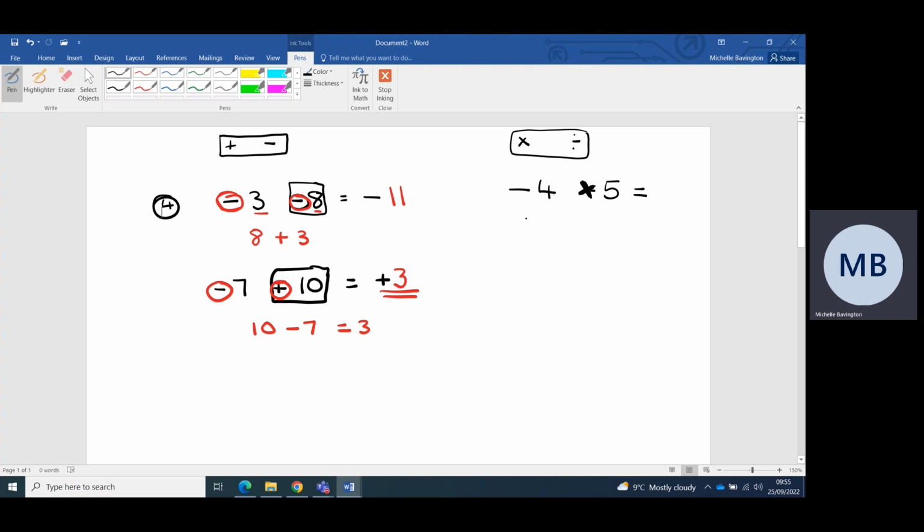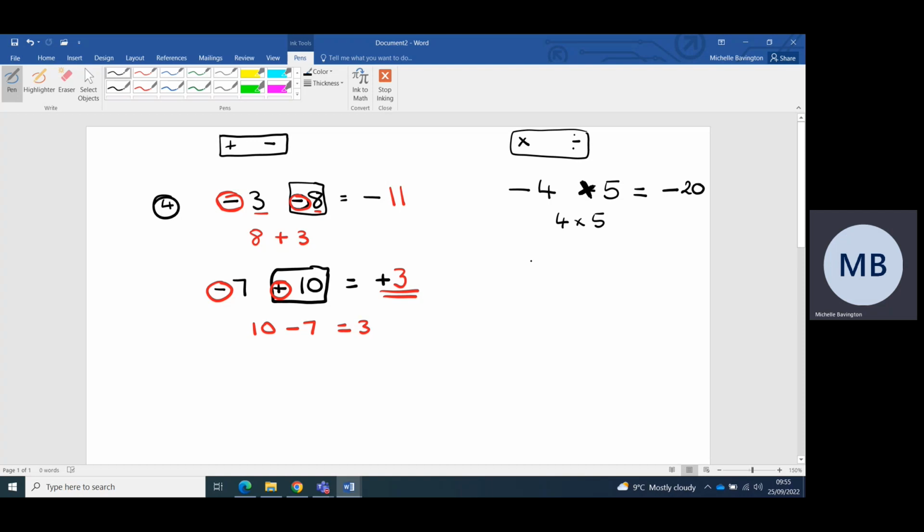Sorry, I was doing add there. Right. One sign keep it, two signs don't. I've only got one sign, one negative sign. So I'm going to keep it. And then I just do 4 times 5, which is 20.